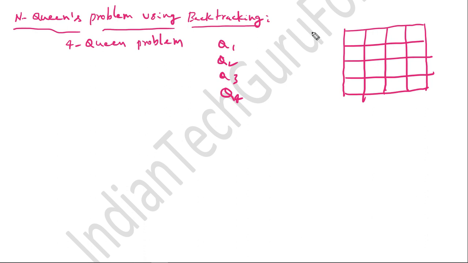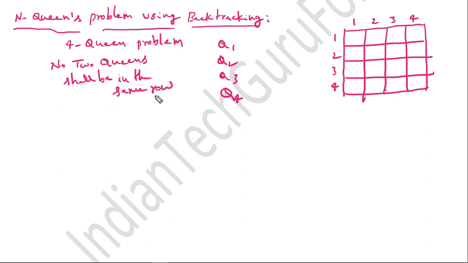These four queens must be placed in this chessboard, which contains 16 locations, and we need to make sure that no two queens are in the same row, or same column, or same diagonal.